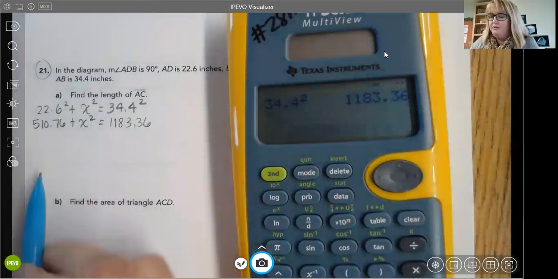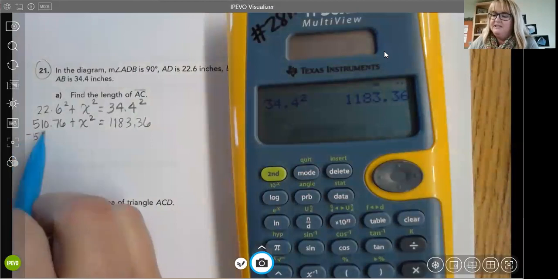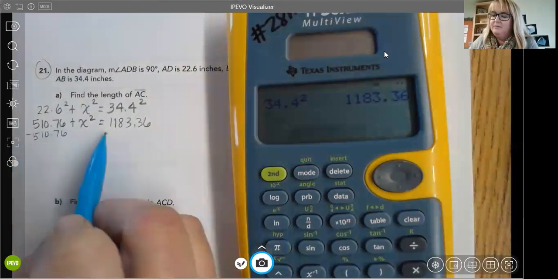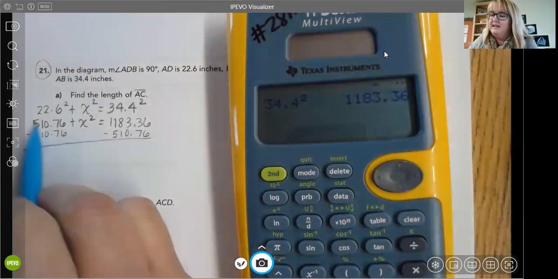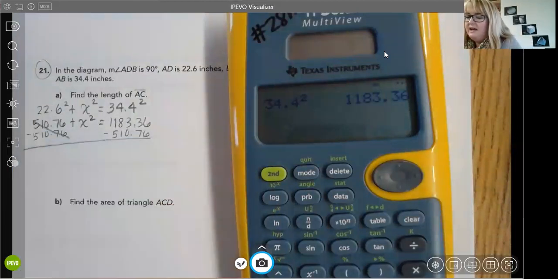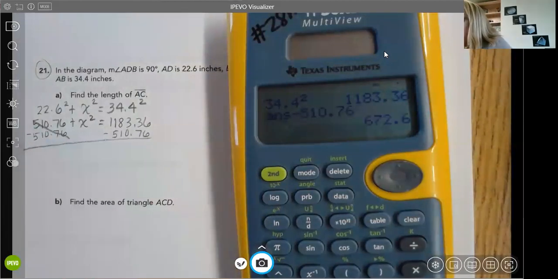Now I'm going to solve this equation. Subtract 510.76 from both sides. That's going to cancel out. So 1183.36 minus 510.76 equals 672.6.